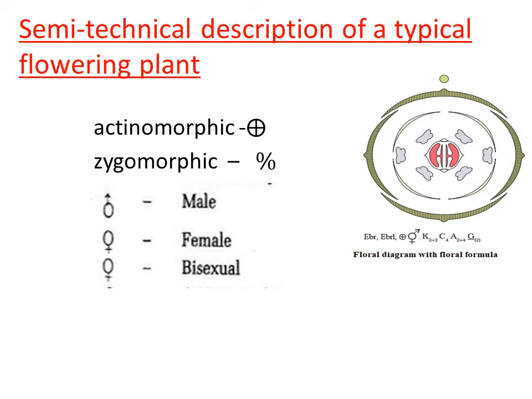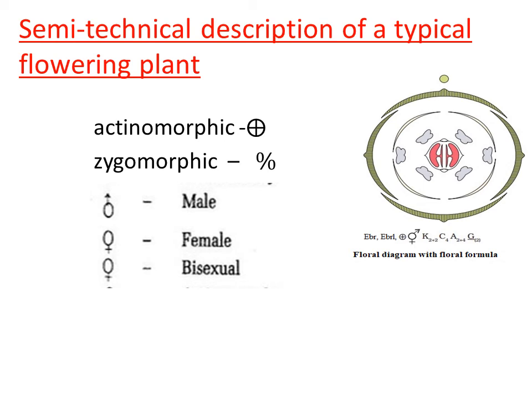Let me explain the floral diagram. Look at the first whorl. The first whorl of the flower is calyx, written in green shade. The number of sepals in the calyx is 4, so they have written 4 units in the first whorl.